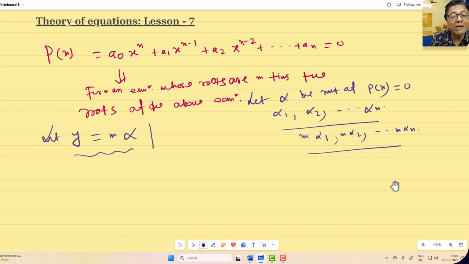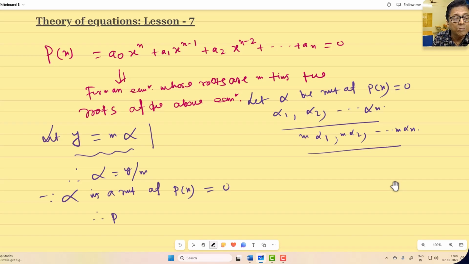So y equal to m alpha, therefore alpha equal to y by m. Since alpha is a root of p(x) equal to 0, therefore p(alpha) equal to 0.